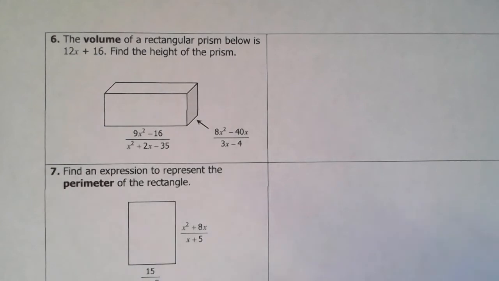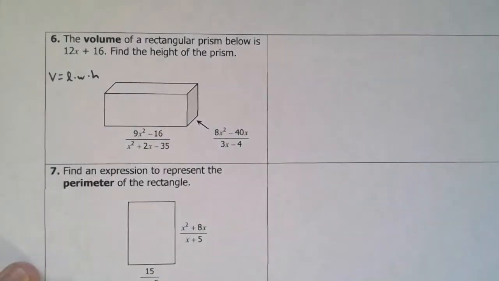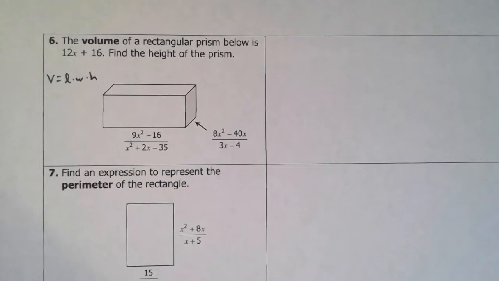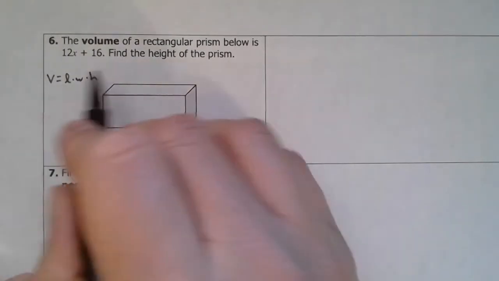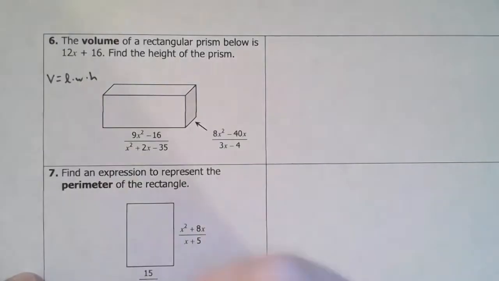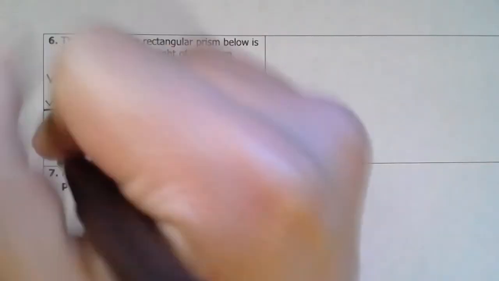Another volume problem. I have the volume of a rectangular prism below is 12x plus 16. Find the height of the prism. So again, volume is length times width times height. I'm given the length and width. I need to find the height. So the actual expression I'm working with is volume over length times width is equal to height.